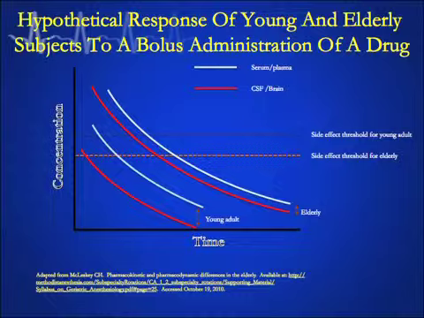Because of a good blood-brain barrier, there is a lot of drug that can go to the brain, so the gap is wider here. In an elderly patient, because the blood-brain barrier is kind of affected, a little porous, that gap narrows. And the other thing you see here, the side effect threshold, this is in a young adult, and in an elderly person it decreases.